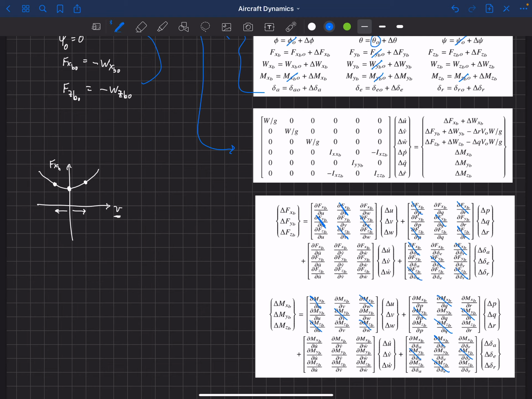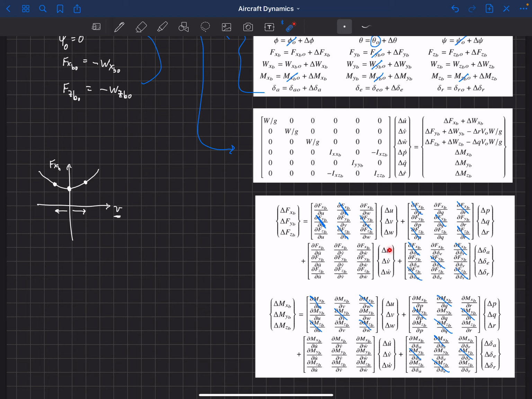Now, what I've done is I've left these two matrices that have to do with accelerations. We're going to do the same thing here. Many of these are going to drop out. But there's one other thing to know about acceleration. You may have been a little surprised that we included this.